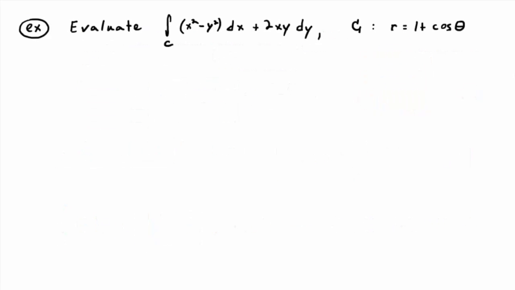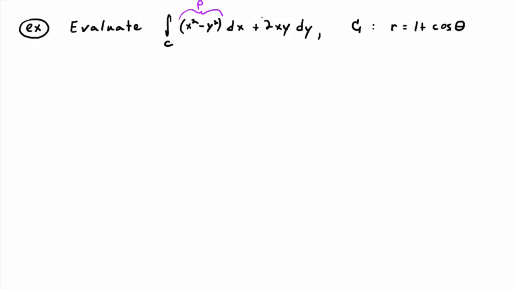So in this example, we have the integral over C. This is differential form of a line integral with respect to a vector field. Integral over C, x squared minus y squared dx plus 2xy dy. So the thing that we call P is going to be the part attached to the dx.